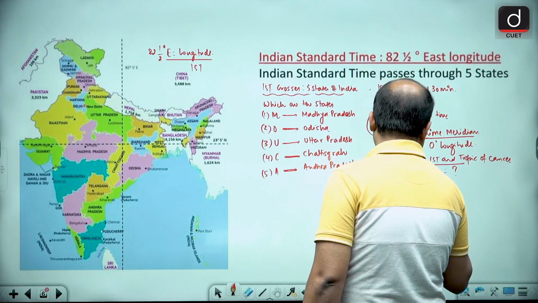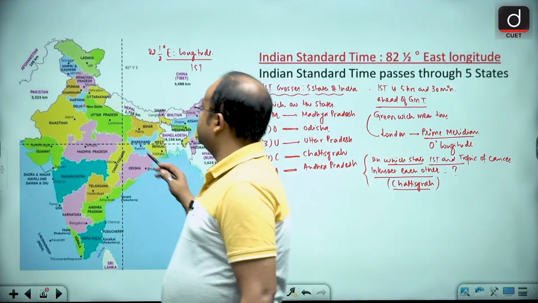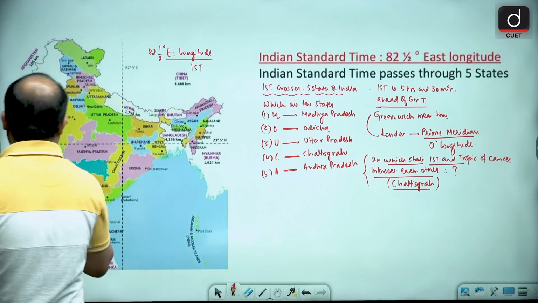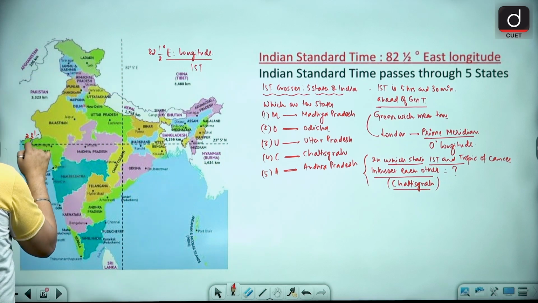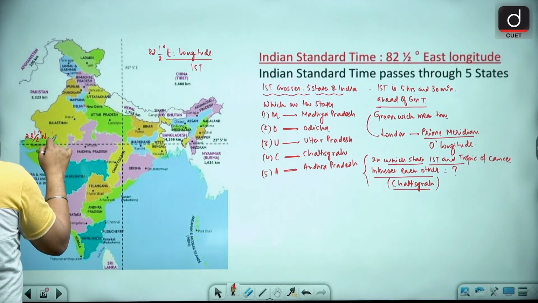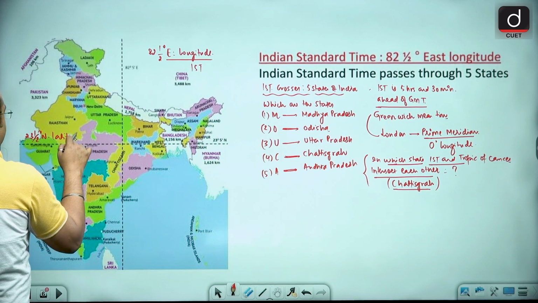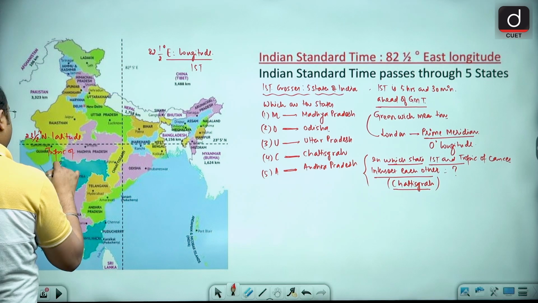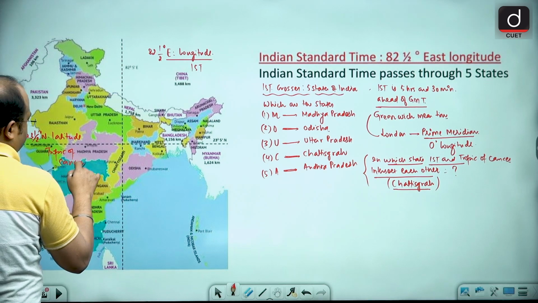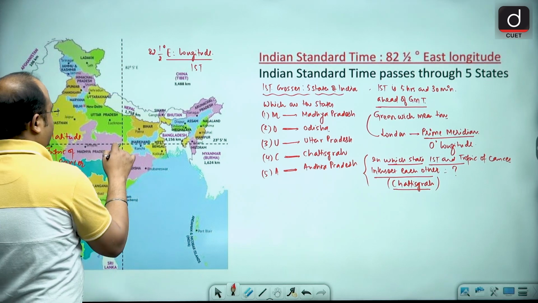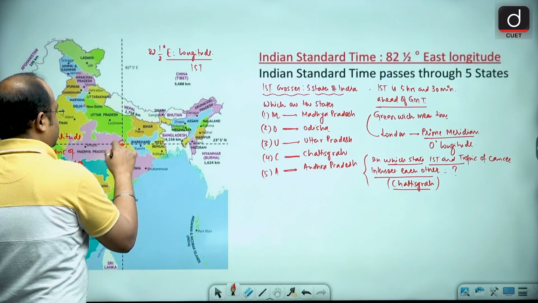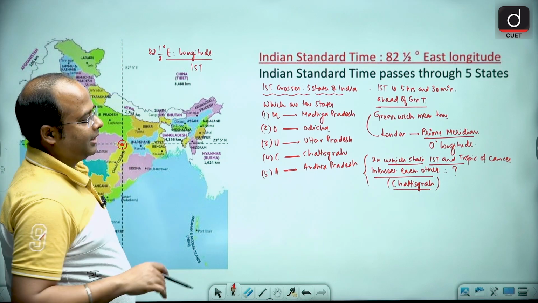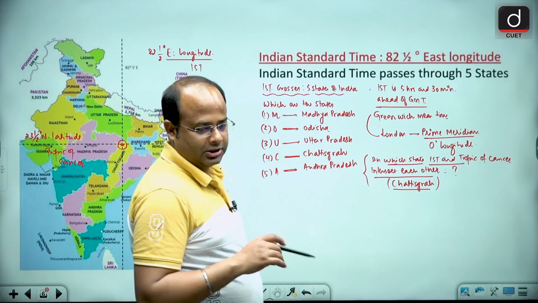The answer will be Chhattisgarh, because this is 82.5 degree east longitude and this is 23.5 degree north latitude, called the Tropic of Cancer, and both of them cut each other in Chhattisgarh. So both of them intersect each other in Chhattisgarh.